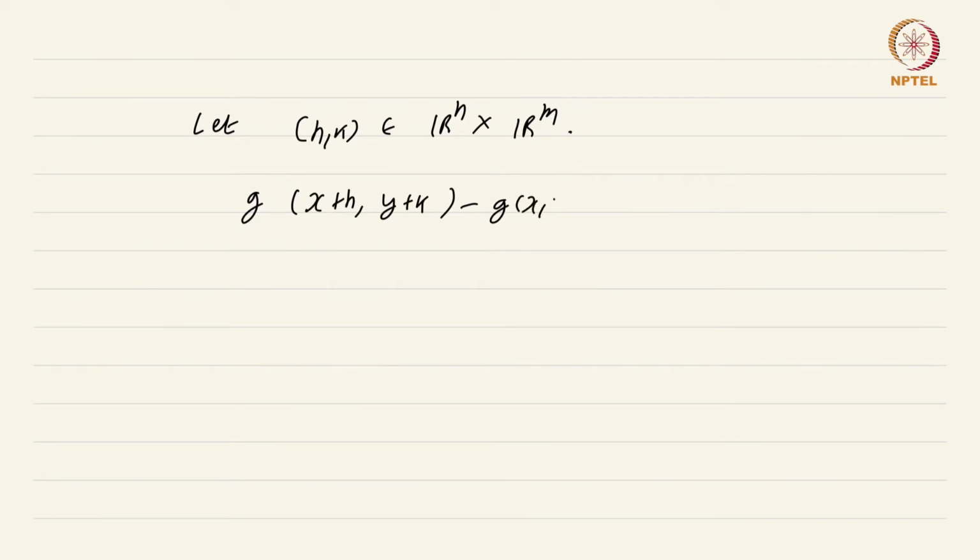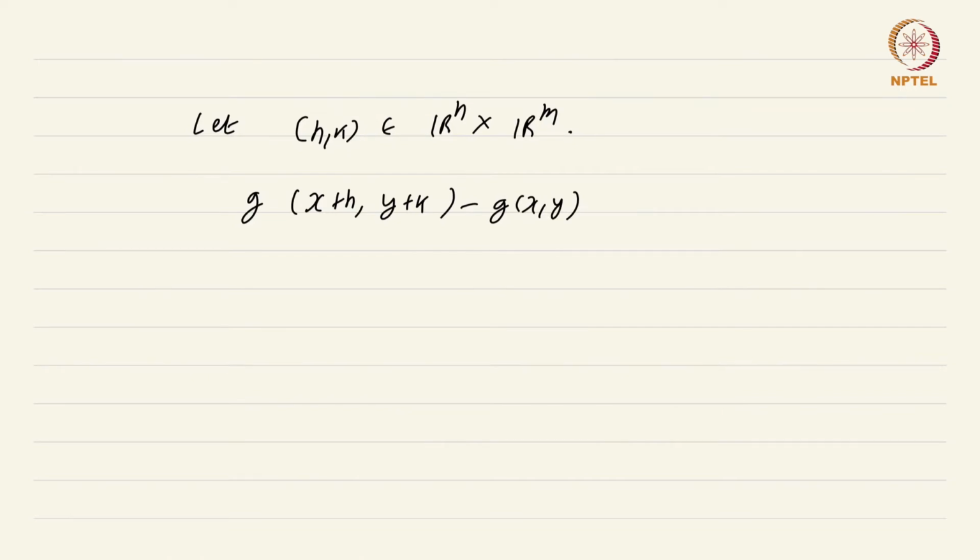So what you do is let h comma k be vectors in Rn cross Rm, and choose them to be really small so that g of x plus h comma y plus k minus g of xy is well defined.